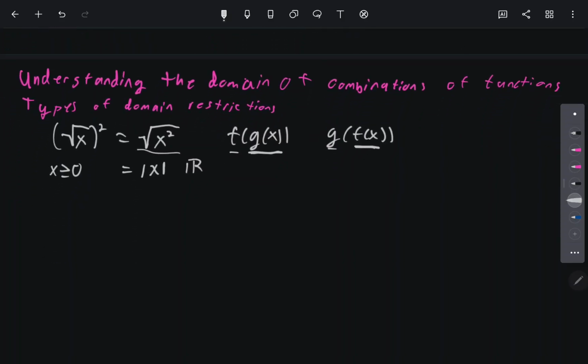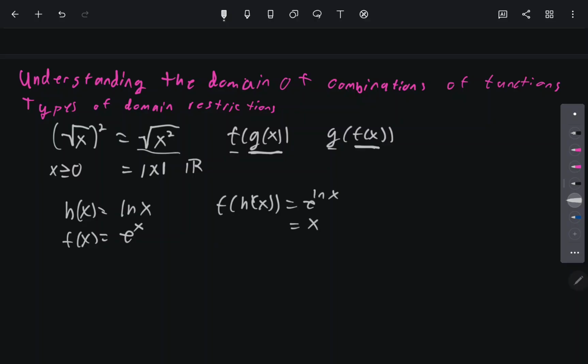So even if you have h of x equal to the natural logarithm of x, and f of x equal to e to the power of x, f of h of x is going to look like e to the ln of x.